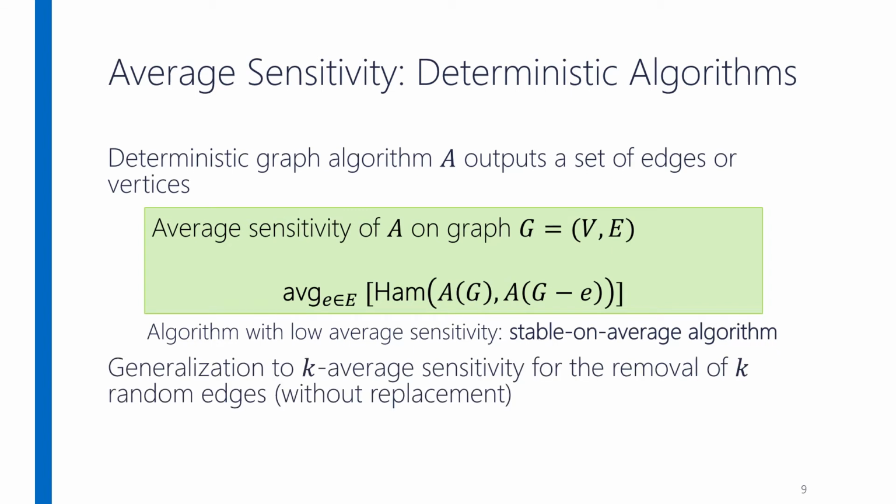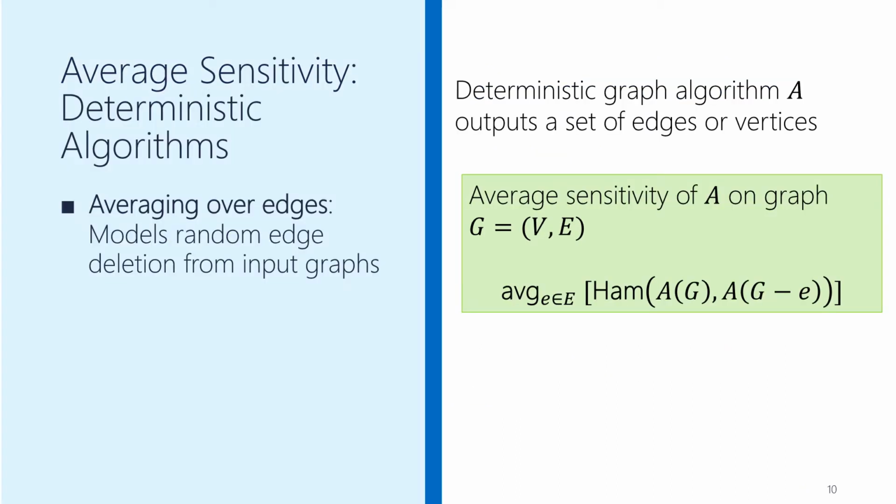Our definition is easily generalizable as k-average sensitivity to account for multiple edge removals. One feature of our definition is that it is sensitivity averaged over the edges. This is done in order to capture random edge deletions.